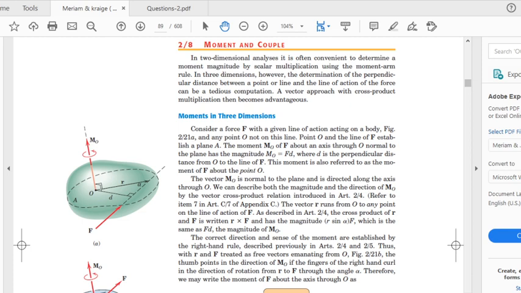But in this case, it will be very difficult to track the moment produced by the scalar components, because x component of the force will in general be producing moment about y-axis and about z-axis.